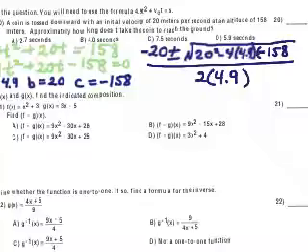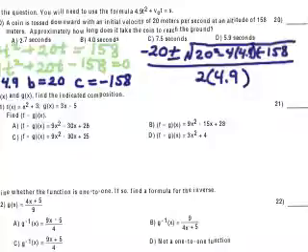Then just solve that part first, and then do the plus or minus negative 20, and then divide by 2 times 4.9. So solve the square root of that calculation, and then you add it to a negative 20 rather than subtract it, because the number of seconds can't be negative, so it has to be a positive number.